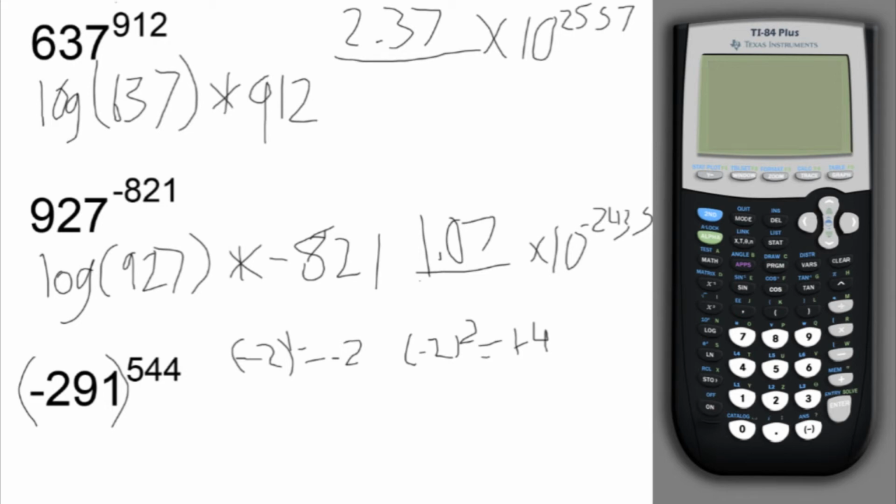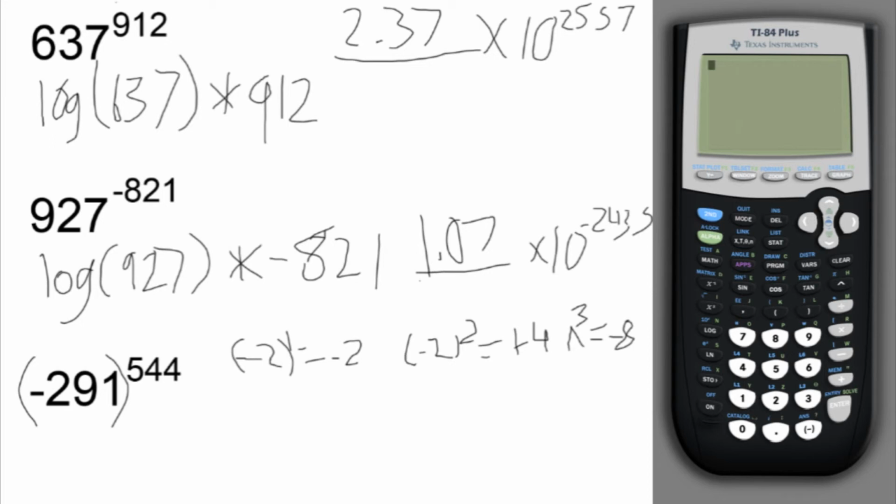And when we take it to the power of 3, we get negative 8. Do you see a pattern here? Whenever the exponent is odd, the answer is negative. But whenever the exponent is even, the answer is positive.